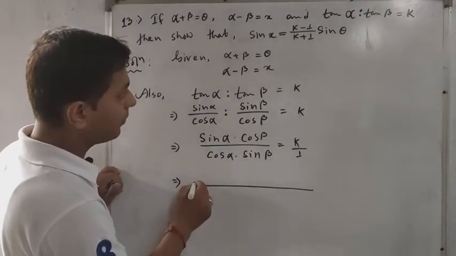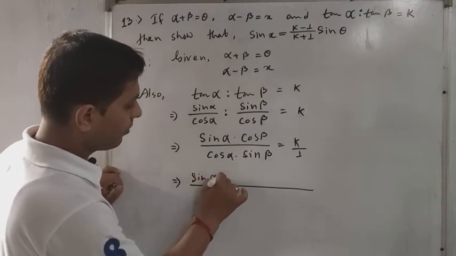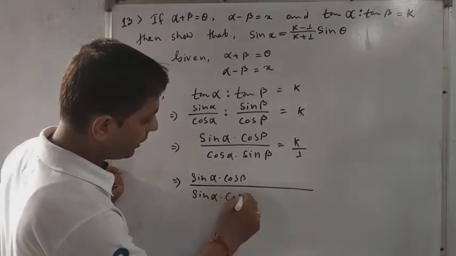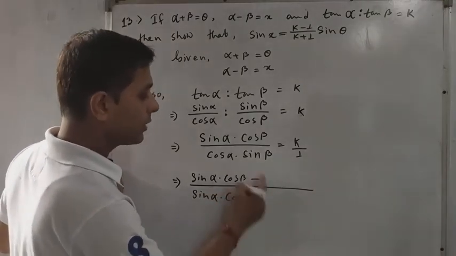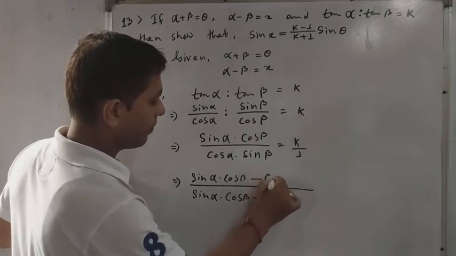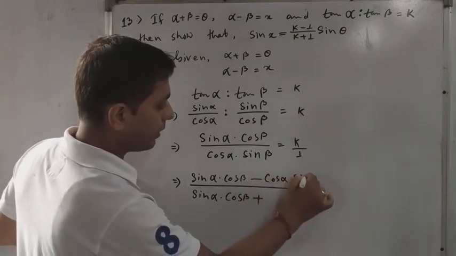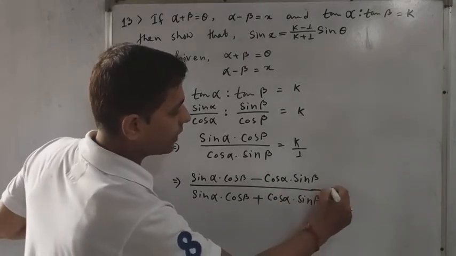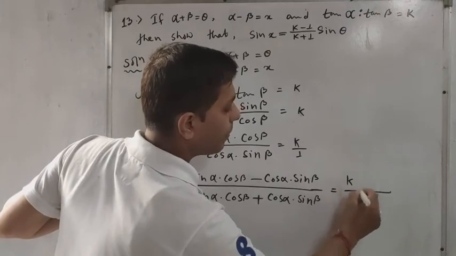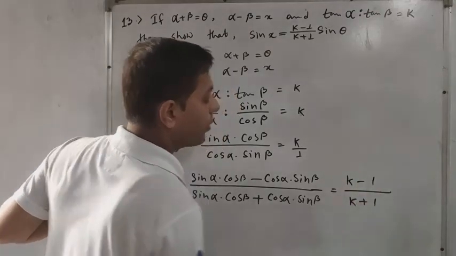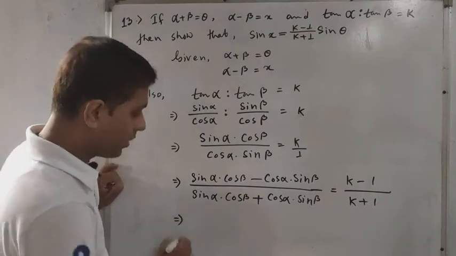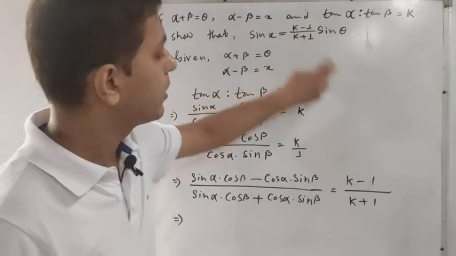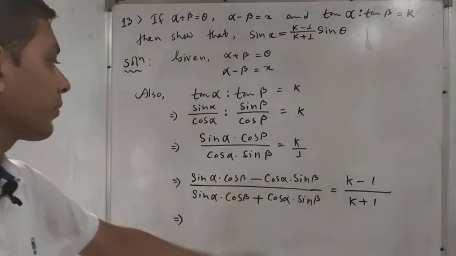Numerator by numerator: sin alpha into cos beta minus or plus cos alpha into sin beta, by cos alpha into sin beta. Also on the other side, k minus or plus 1 by 1 over denominator. We have written it in this format, look at k minus 1 by k plus 1, and on this side we are applying the same. Is that okay?